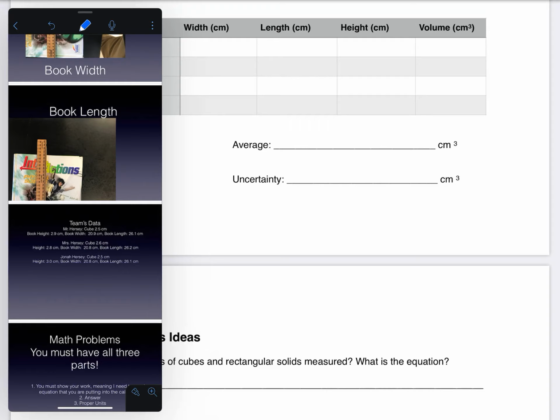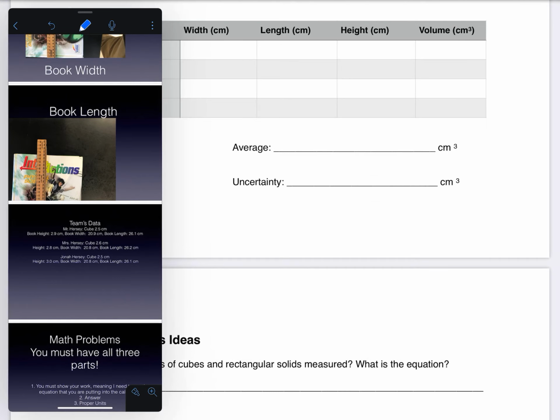But this is centimeters times centimeters times centimeters, which makes it centimeters cubed. Just like m times m times m is not 3m, that's m to the third power. So when we're talking about volume, I always want to see your units with a 3 superscripted. If you're typing it out, you can just have a big 3 and that's fine. But I always want to see those cubed units at the end.